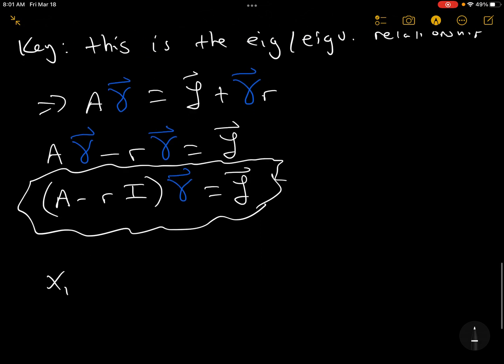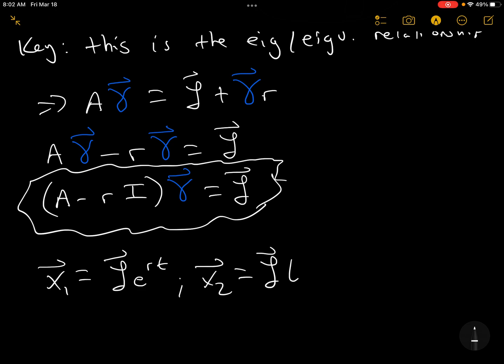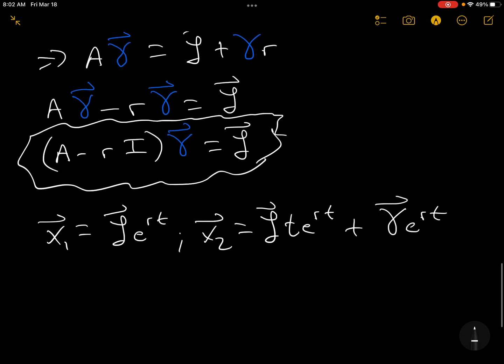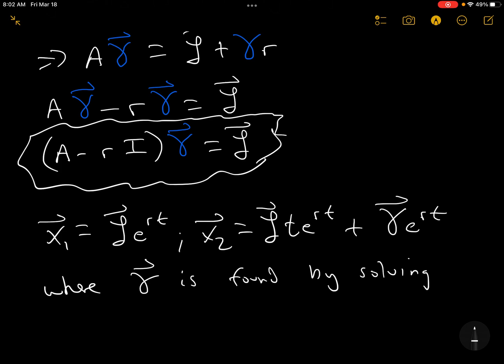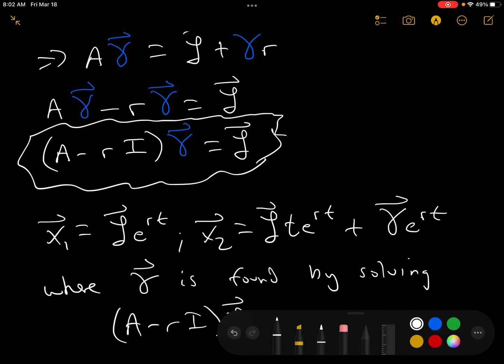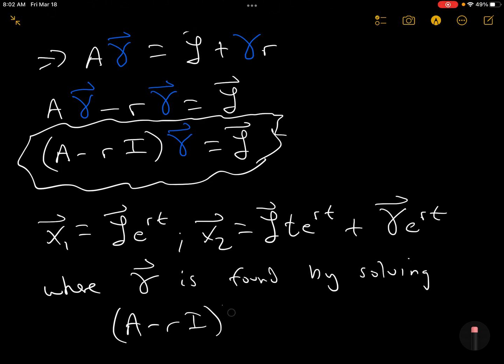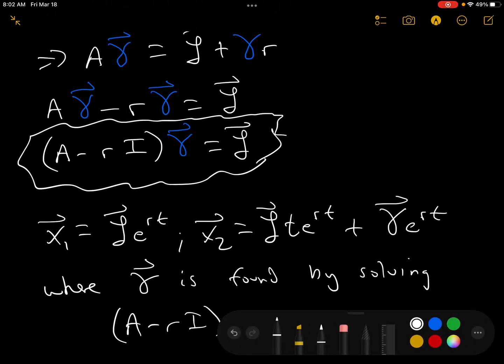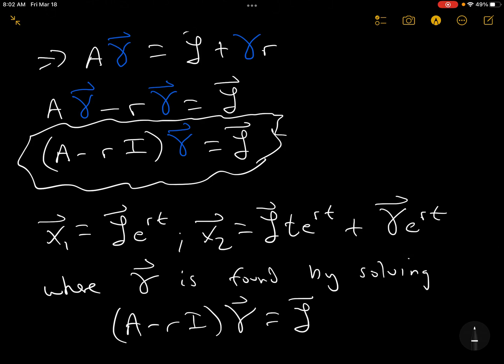When you find the second solution, the first solution is zeta e to the RT, and the second solution is zeta t e to the RT plus gamma e to the RT, where gamma is found by solving this equation up here, A minus R I gamma equals zeta.